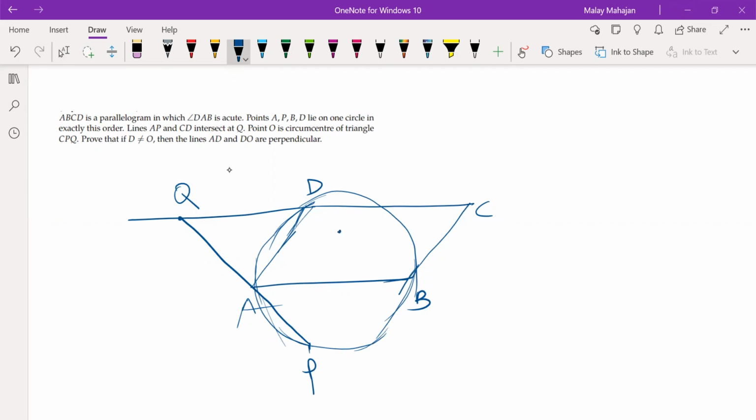O is the center of CPQ. Prove that DO is perpendicular to AD.